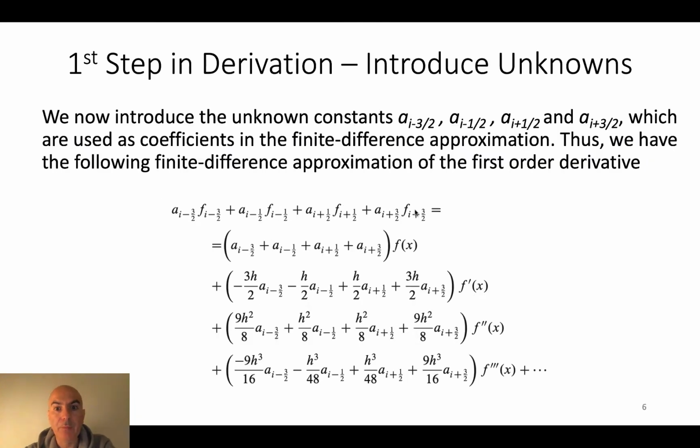Once we have that, we collect the coefficients for f of x, f prime of x, f second of x, and the third derivative of f of x. So we will have 4 coefficients multiplying f and its derivatives.